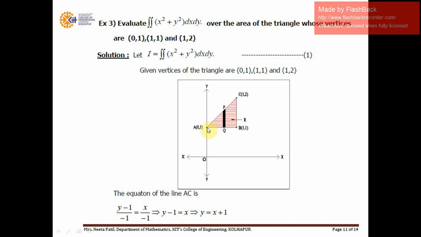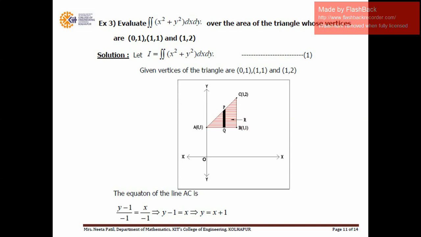Now join every 2 points by a straight line. So we get the triangle ABC and the area inside this triangle we have shaded by the red lines, and this area is called the region of integration.